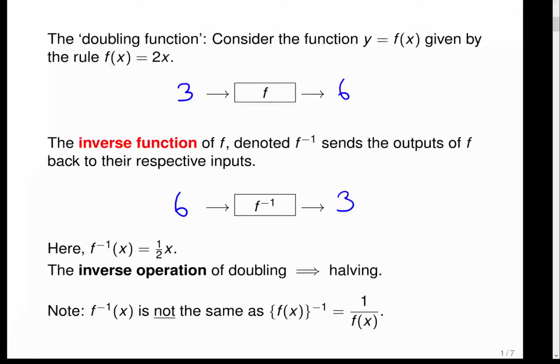Therefore, the inverse function of the doubling function must be what we call the halving function, since the inverse operation of doubling is halving. Despite the curious notation, keep in mind that f inverse is not the same as f of x to the power of -1, which is an entirely different concept.